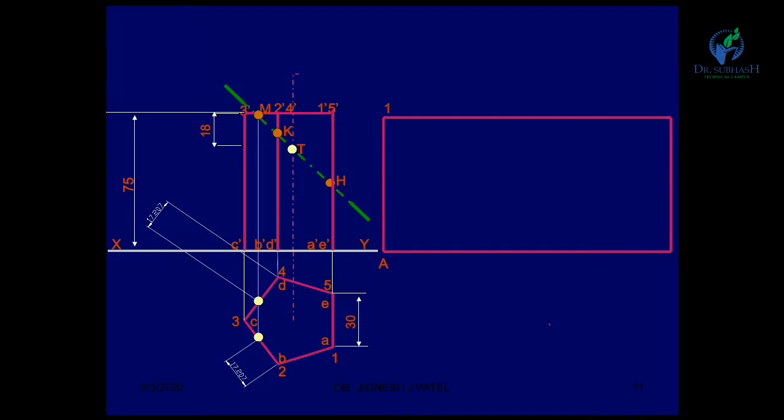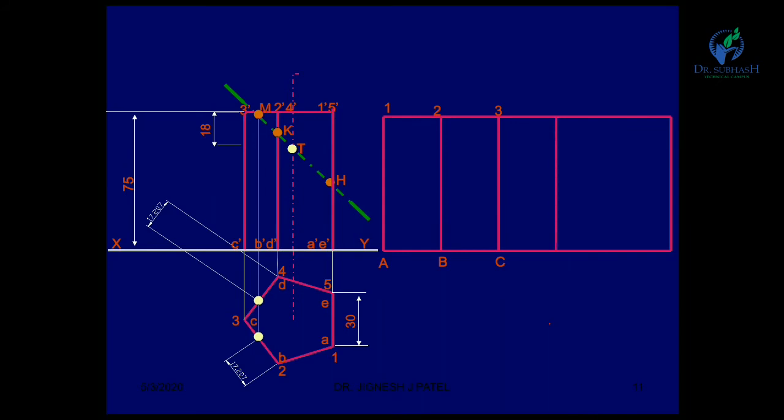Mark point A, 1 here, then draw another point B, 2, C, 3, D, 4, E, 5 and A, 1. So this is the development of the plain prism.